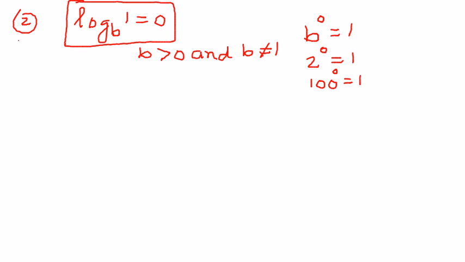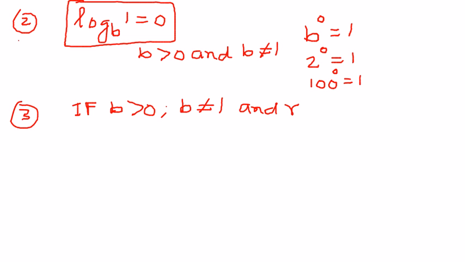So the third property we want to know is, again, if b is greater than 0 and b is not equal to 1, and another condition is if r is greater than 0, then we can write this property as follows: b to the power of log r to the base b is going to be equal to r, which is read as b raised to the power of log r to the base b will be equal to r, like that.